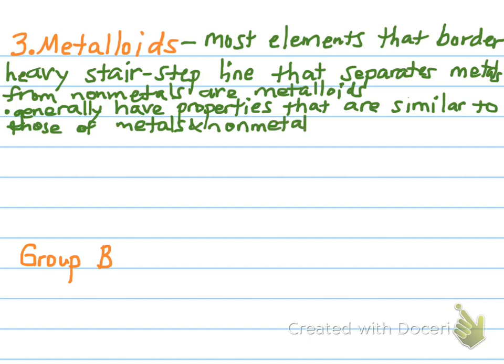So what that means is that under some conditions, the metalloids will act like a metal, and under a different set of conditions, the metalloids will act like a nonmetal. So that makes them sometimes quite useful. Okay, so what this means again is that in some conditions, they behave like a metal.